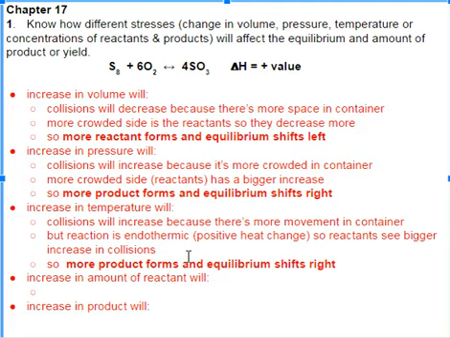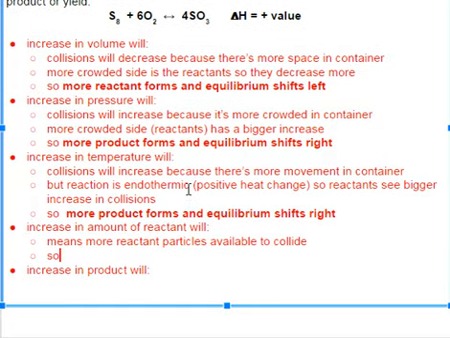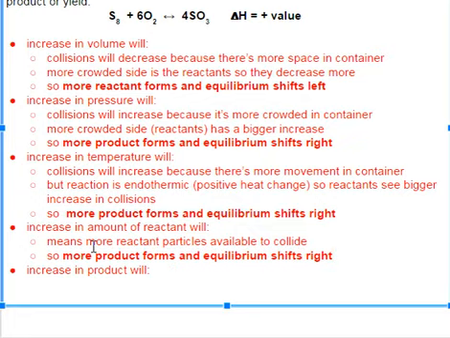There's more reactant particles to collide. So guess what? More product forms. Equilibrium shifts right. So what happens if you remove the reactant instead? Just the opposite. You have less reactant particles to collide, so less product forms, and the equilibrium would shift left.